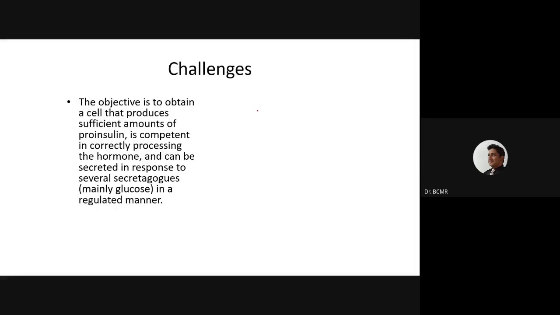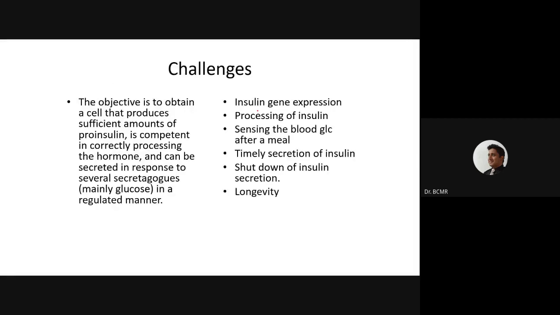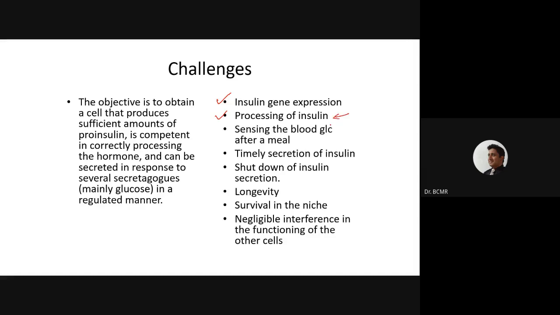First, any cells I'm putting in should be able to secrete insulin. And insulin is produced as a single polypeptide and then processed to two polypeptide chains, bound by disulfide bonds. We will see that in the next class. So that cell should be able to process the insulin.